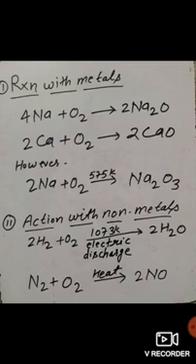Now reaction with metals, as you can see in the reactions that I have written. First, reaction with metal. Active metals like sodium and calcium react at room temperature to form their respective oxides.